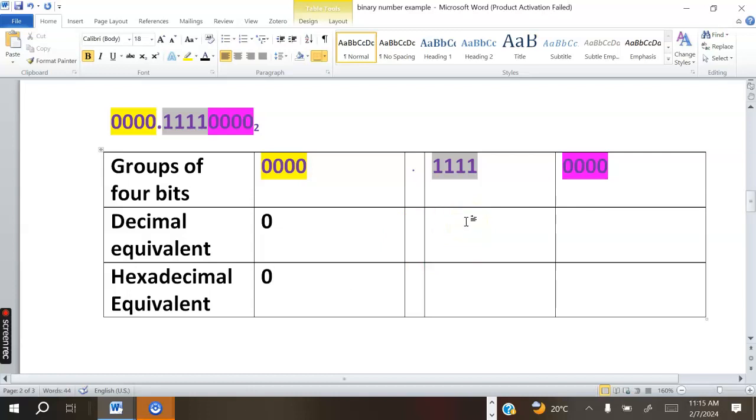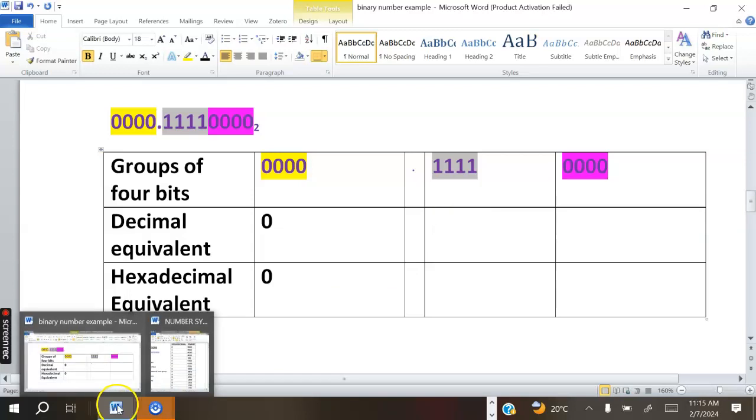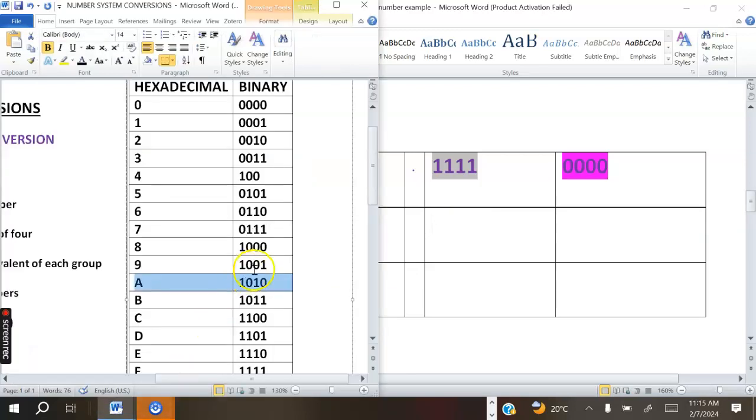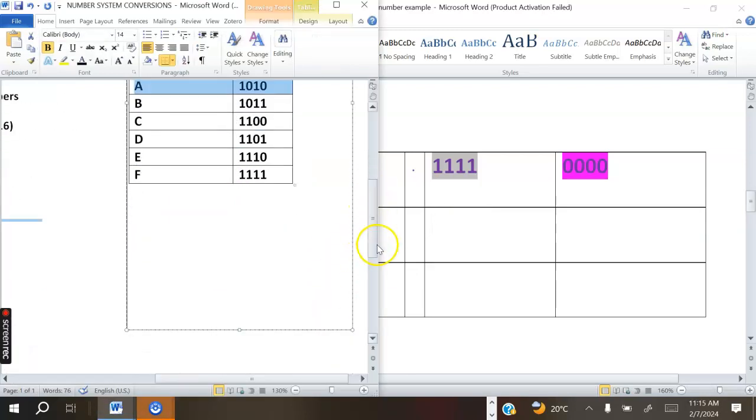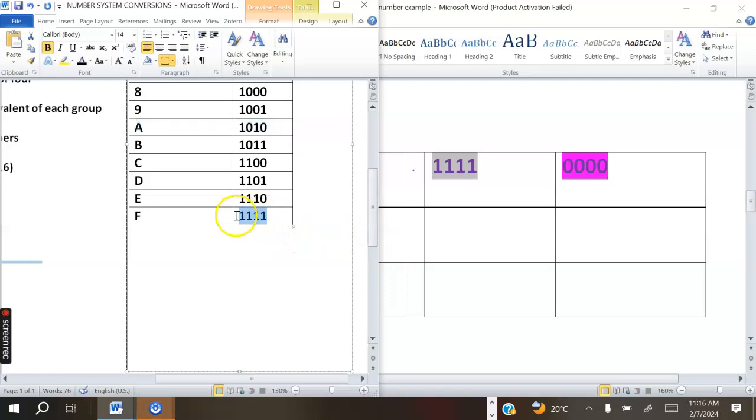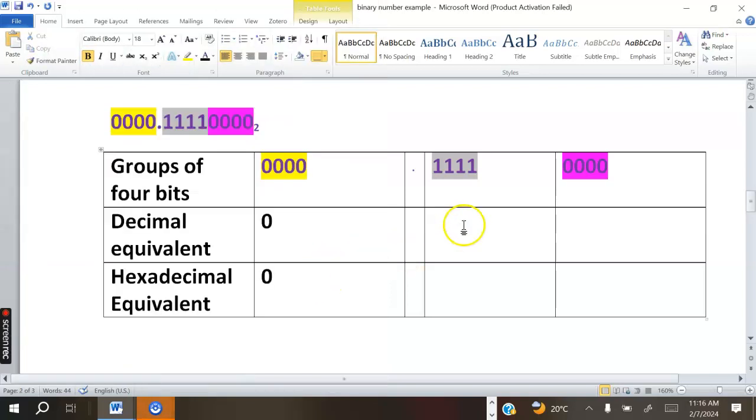Then we have this one, 1111. As you can see, let me try to get the other table. So we have 1111. This is our 1111, which is equivalent to 15.